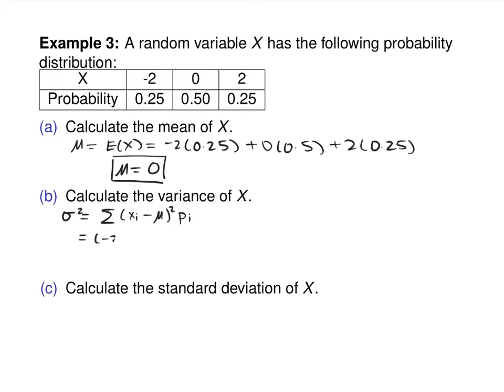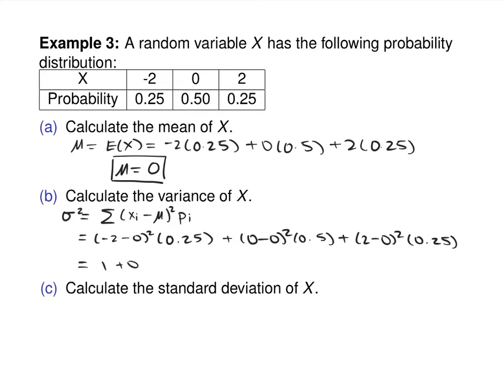The mean is 0, so we have (-2 minus 0) squared, probability of 0.25, plus (0 minus 0) squared, probability 0.5, plus (2 minus 0) squared, probability 0.25. Well, this gives us 4 times 0.25, which is 1, plus 0, plus 1. So that tells us that sigma squared, which is the variance, is equal to 2.